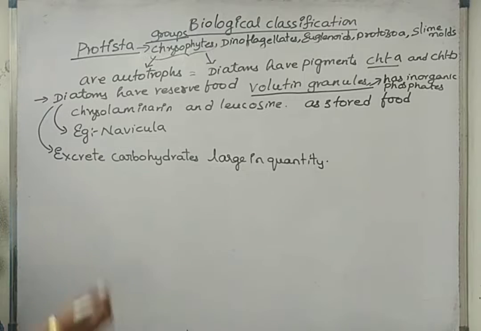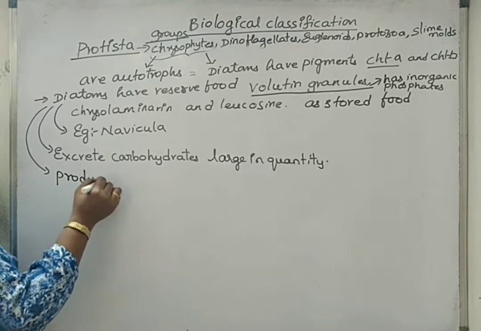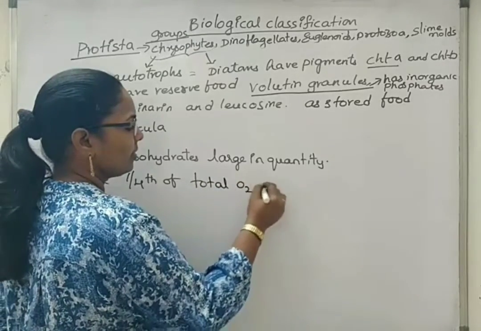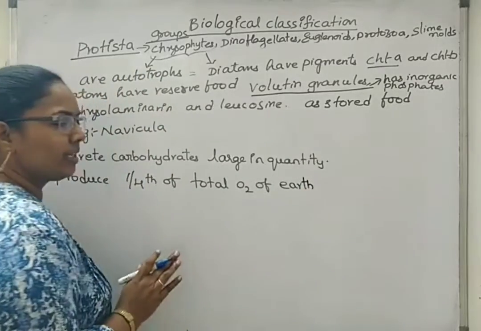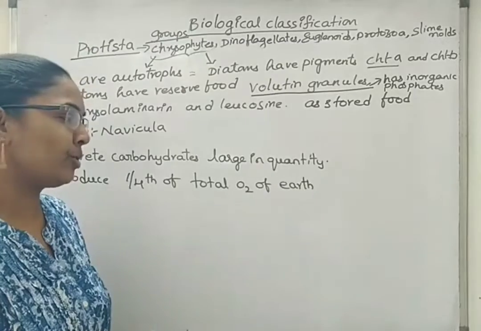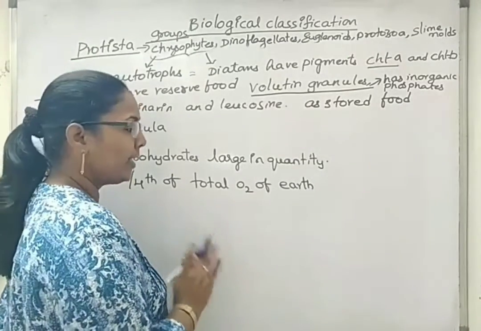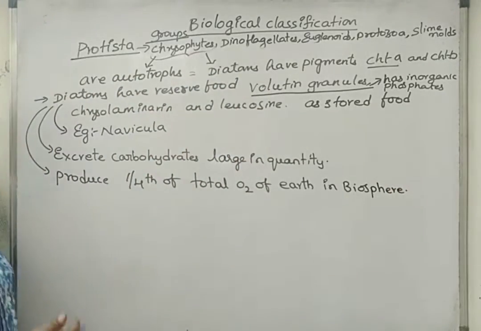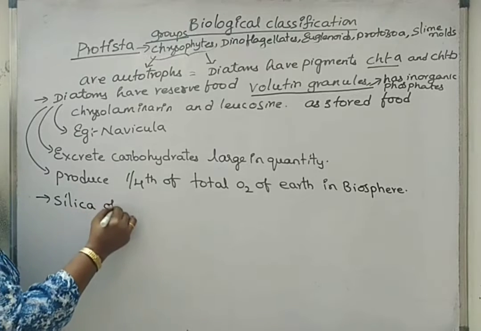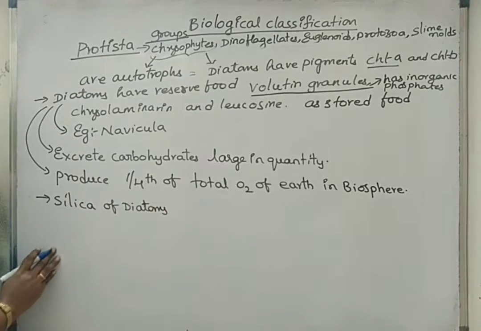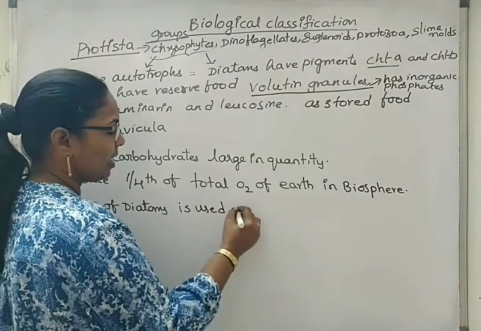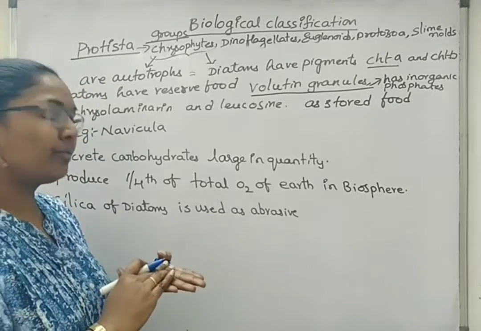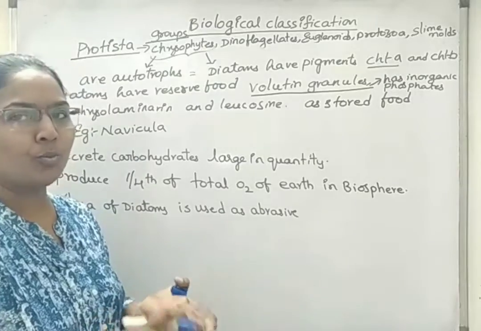Next, diatoms produce one fourth of the total oxygen of Earth. Suppose Earth has 100% of oxygen in its atmosphere. Out of that, 25% is produced by diatoms. The silica of diatoms, the siliceous cell, is used as an abrasive: when a surface is very rough, we can rub diatomaceous earth containing sheets on it to make it a smooth layer.